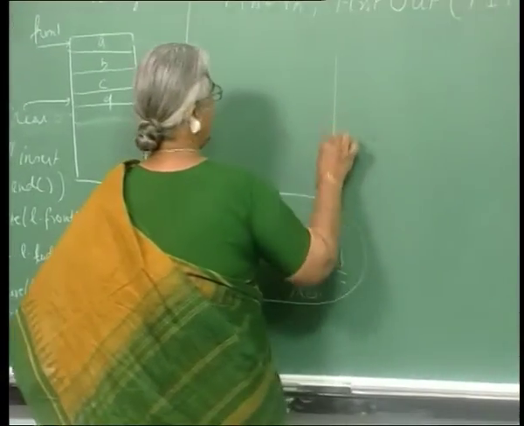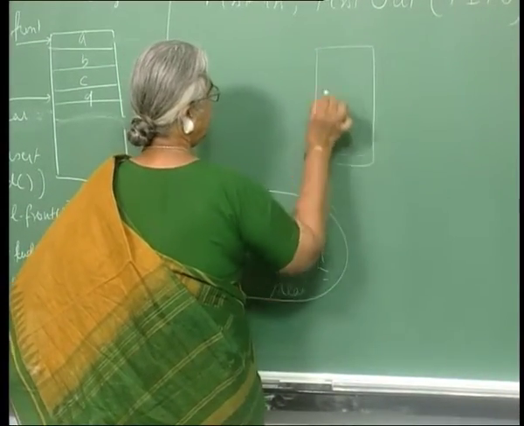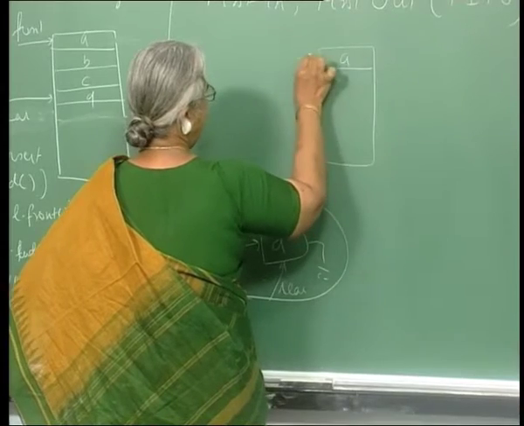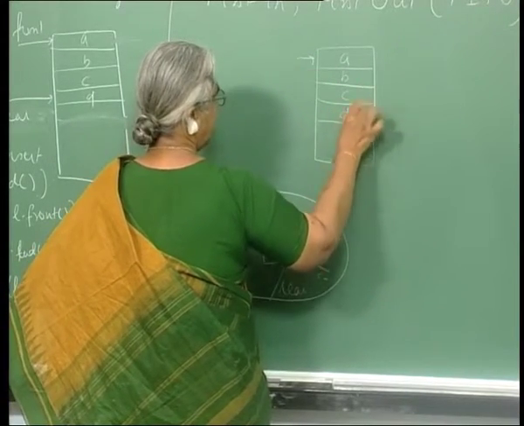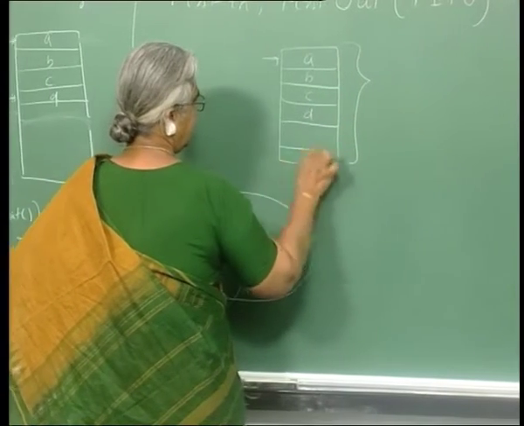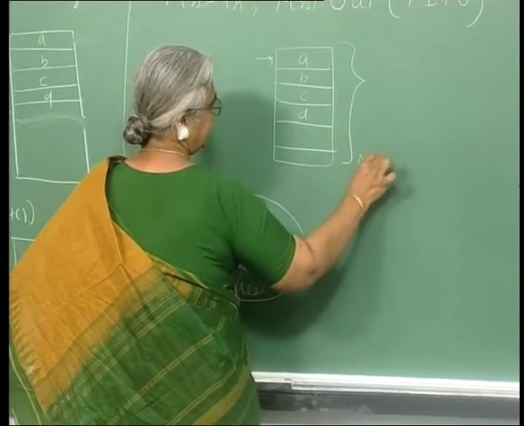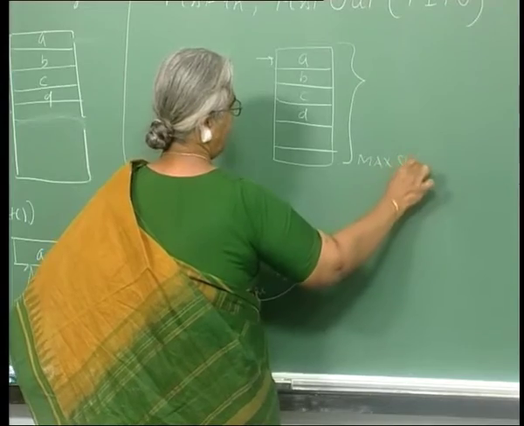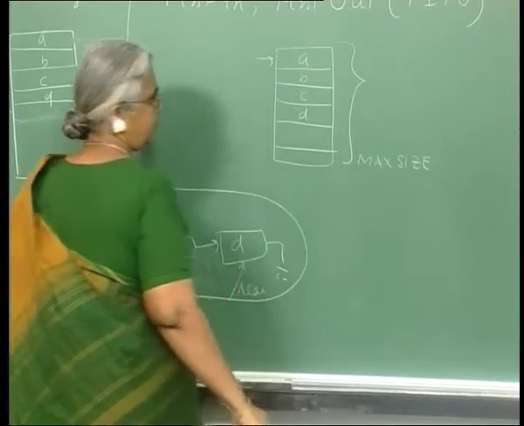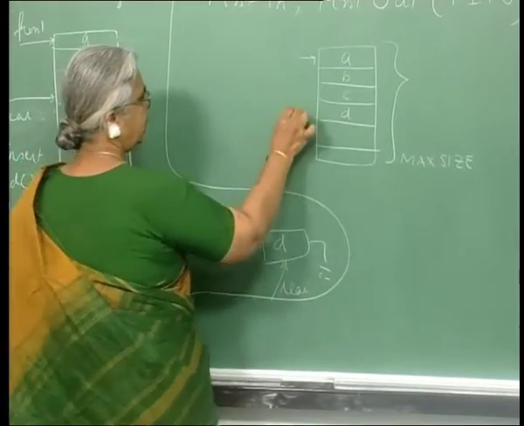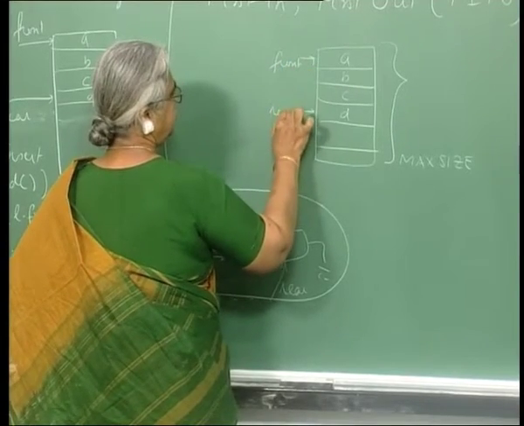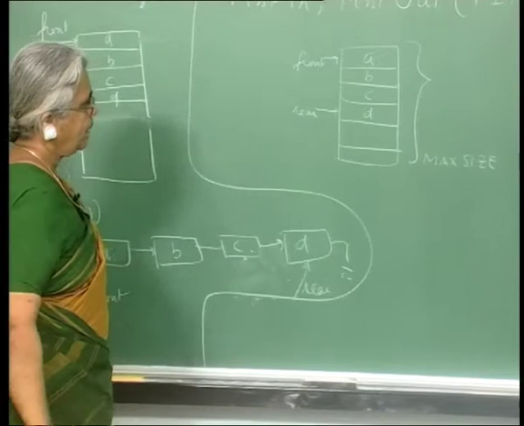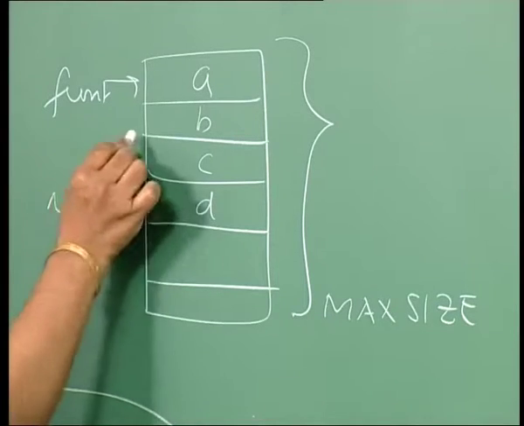So, what would you do with an array implementation of queues? Let us say this is my front, this is the rear. Let us say I have an array of some particular size, let me call it max size. I am going to leave you with this, I am not going to give you the complete implementation of this. So, this is my front, the rear. Now, I dequeue, then what happens?